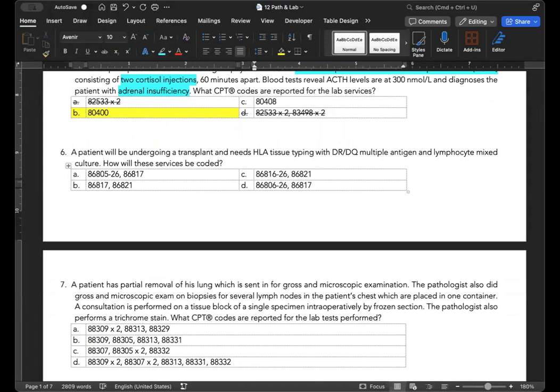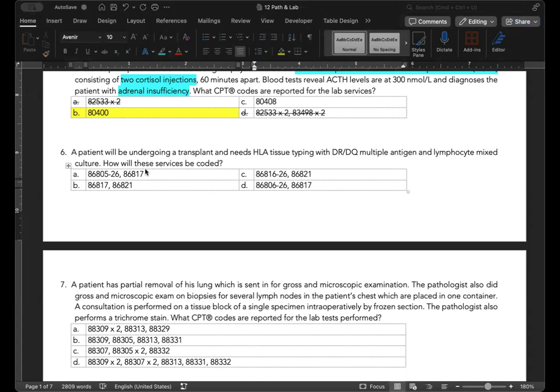Number 6, we have a patient who will be undergoing a transplant and they need an HLA tissue typing with DR, DQ, multiple antigen, and lymphocyte mixed culture. So for this one, you can do this one a couple of different ways. There are 3 options that have 86817.